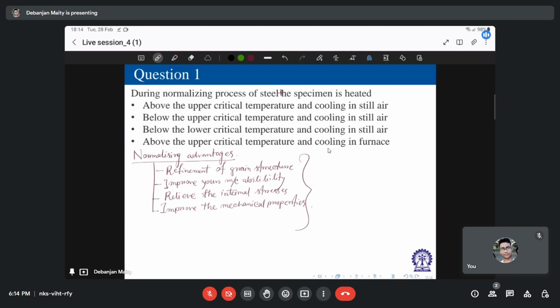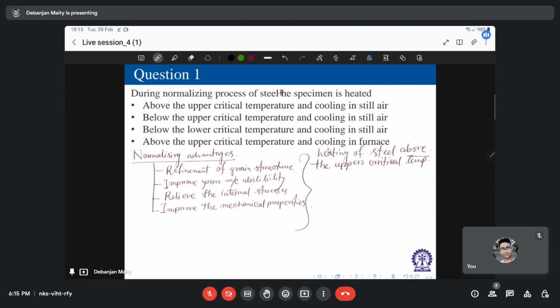But how will you get these advantages? Normalizing consists of heating the steel above the upper critical temperature. Let me draw this a little bit.